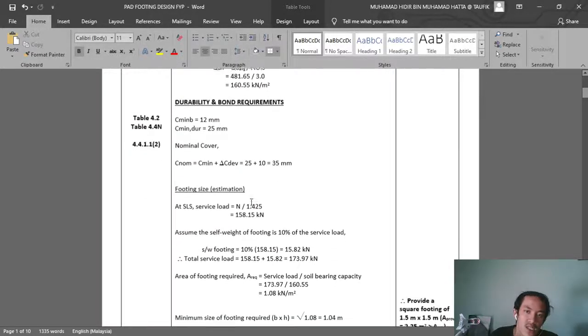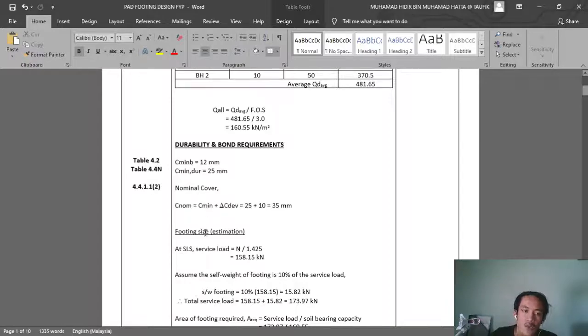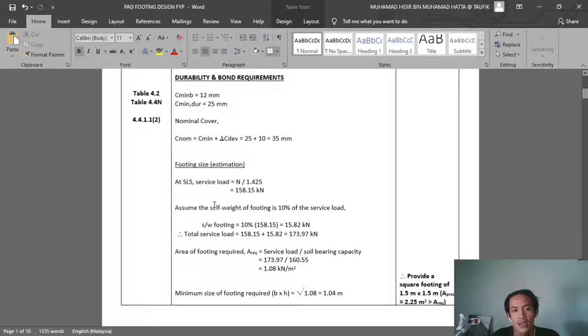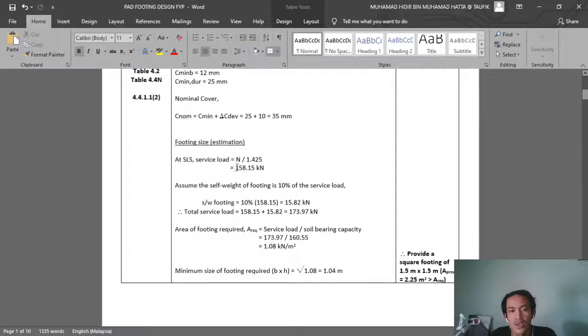After we got the soil bearing capacity, we proceed to the calculation of the pad footing. We need to identify the C norm, which we got as 35, and then we need to estimate the footing size. We need to determine the SLS, which is the service load, and we got this.